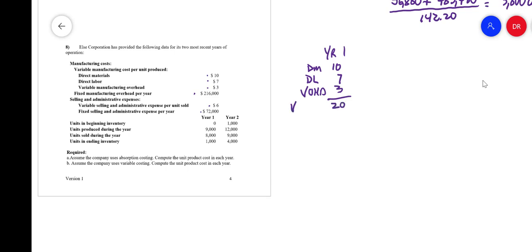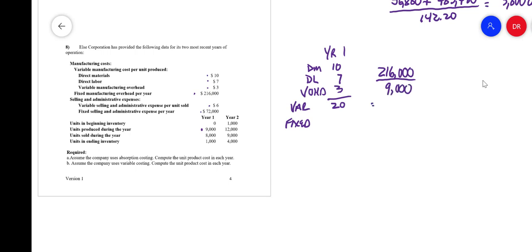This is what it would be if we were doing variable cost per unit. But because we're doing absorption costing, we need to add in the fixed overhead per unit. So we calculate the fixed per unit cost by taking the 216 of fixed cost divided by the units produced. Year 1, it's 9,000.